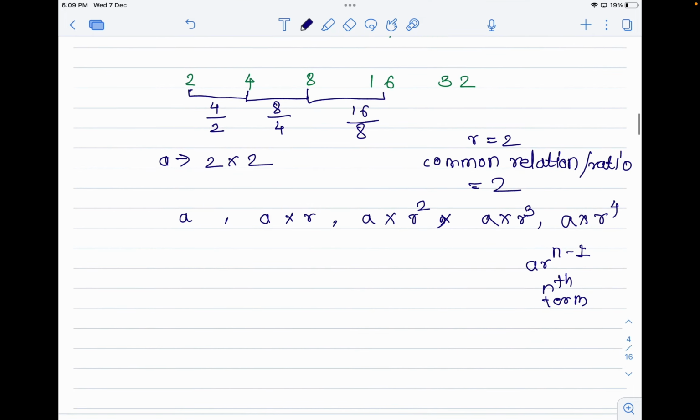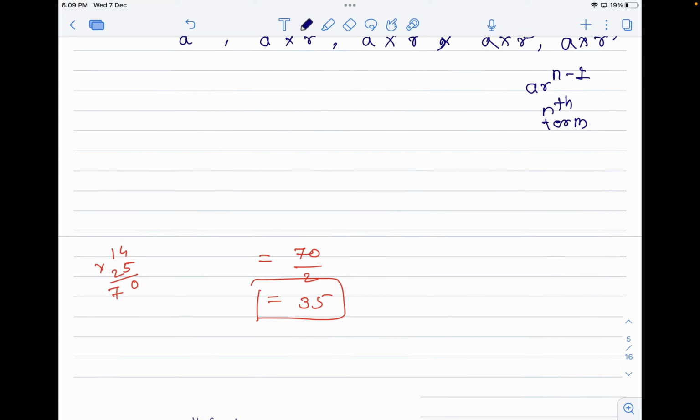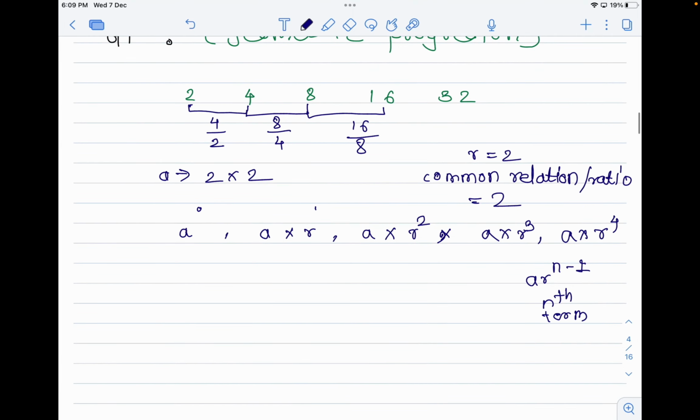How did the nth term come about? See, for the first it is 0, this is 1, this is 2. If it is starting from 0 and you want to find the term, we can say n minus 0 plus 1, which is n plus 1, and we are taking one step backward, checking the previous one, so it is n minus 1.